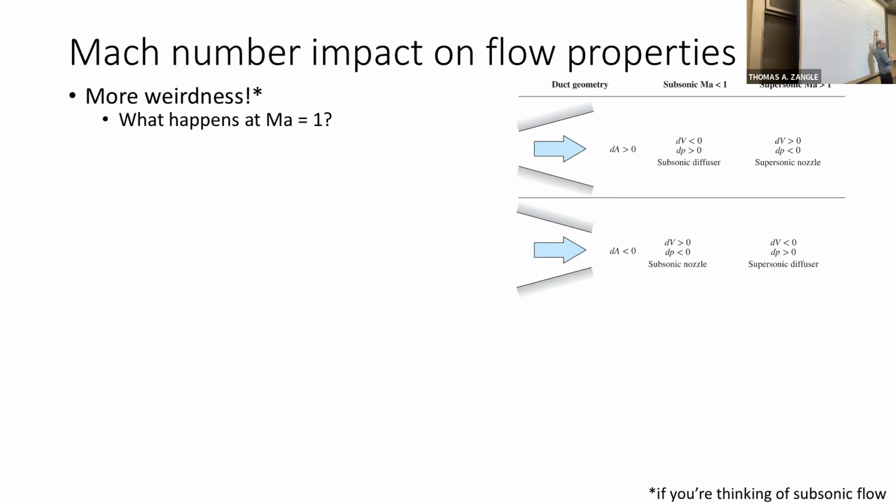So make sure you're including density in your expressions of mass balance anytime we have compressible flow. But the sign of the relationship between velocity and area is what we would expect when Mach number is less than 1. When Mach number is greater than 1, we're supersonic, greater than the sonic speed, and therefore the relationship between velocity and area switches signs.